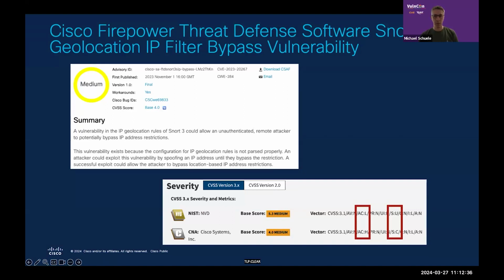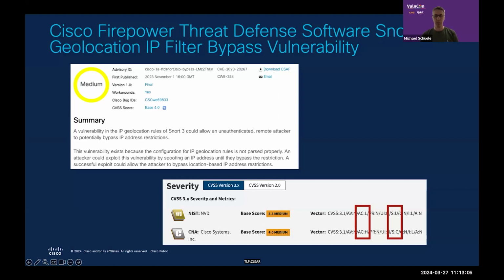So this example demonstrates several factors that can lead to a different perception of a given vulnerability. That was insufficient information in the CVE description, and a focus on technical detail. This summary says that we can bypass IP address restrictions, but it doesn't really say what we can do by bypassing that, which is accessing protected resources.